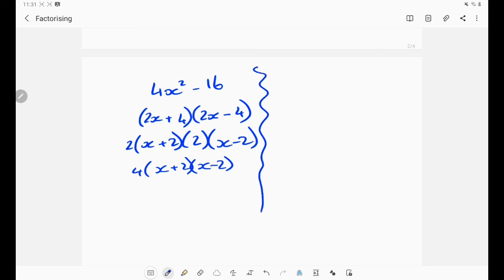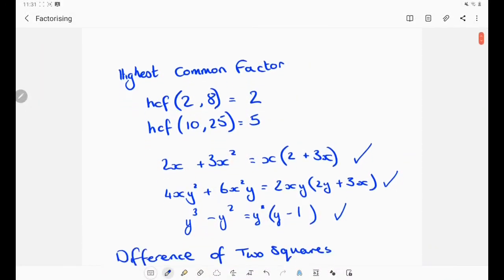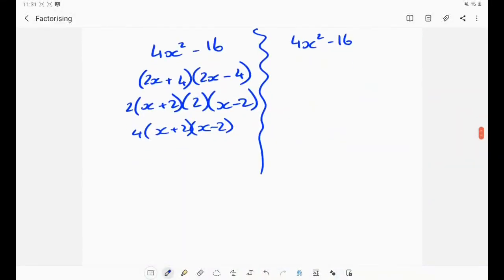Now, the alternative. I said right at the beginning, the order we look for these things is important. So if I go back up here and I have a look, the first thing I look for is highest common factor. Now, 4, 16, are they both in the same times table? Yes, they are both in the 4 times table. But we've not got an x squared in each term, or an x, so we just take out the 4.